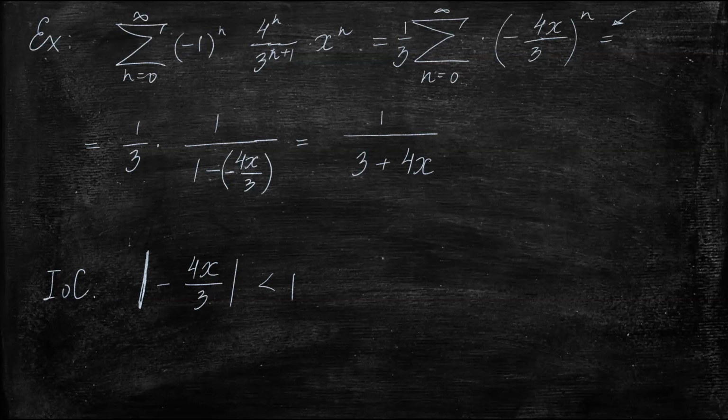We started with the power series and ended with the function, and all of this, in particular this equality, only makes sense when this inequality is true. So to solve this inequality, it's just a simple absolute value inequality. X must be between 3/4 and -3/4. And we answered the question, what function does this power series act like?